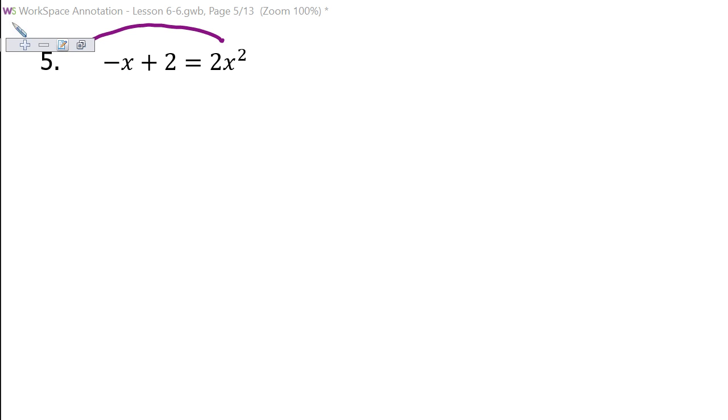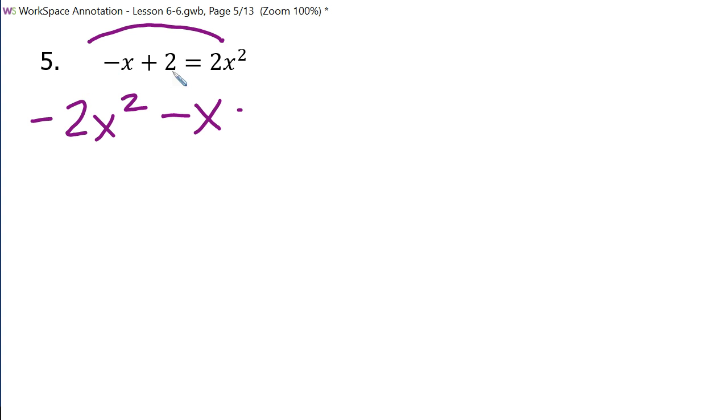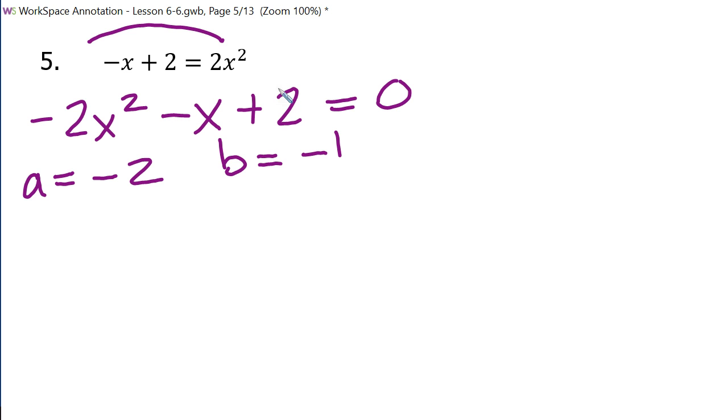Becomes -2x squared. So -2x squared minus x plus 2 equals 0. Then write down your a. What is a? -2. What is b? -1. What is c? 2.